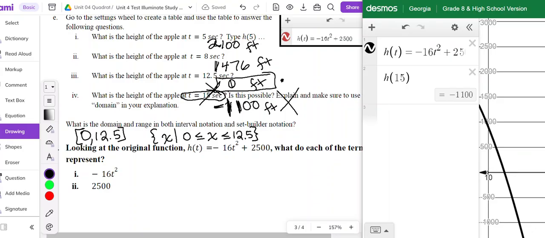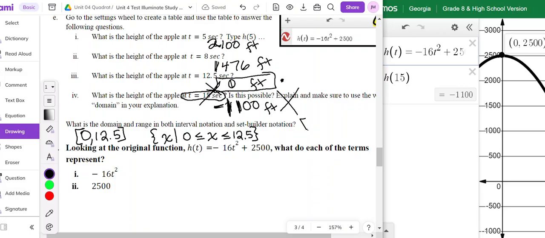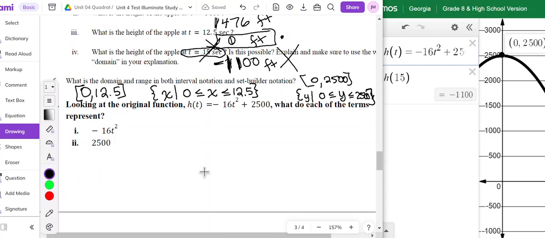The range is from 0 all the way to 2500. It's like a little delay when I start writing. And for the range, it's going to be curly brackets, y such that y is less than or equal to 2500 and greater than or equal to 0.